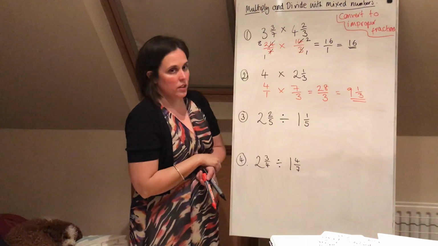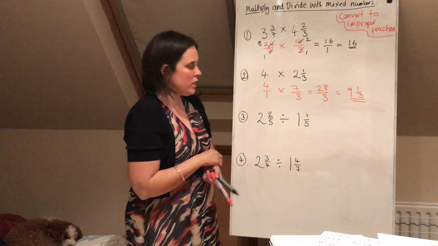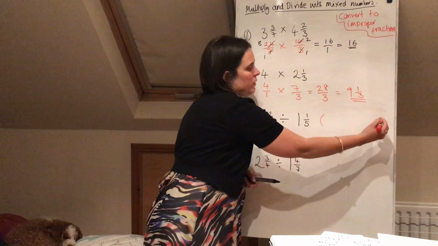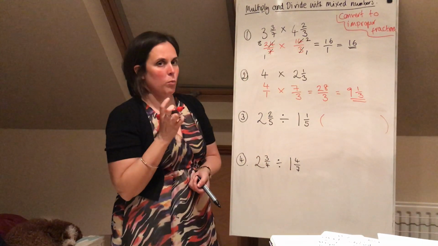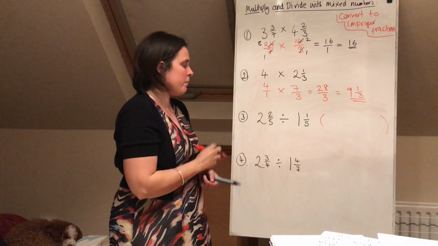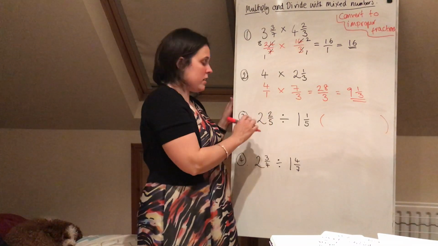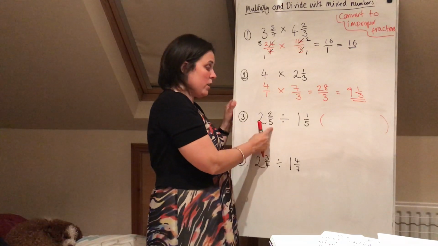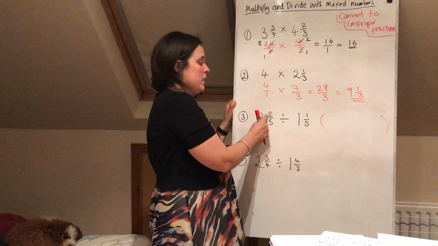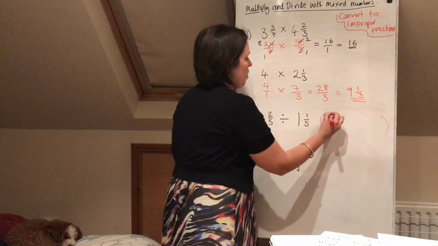Right, moving on to the division questions then. First of all, I'm going to write the sum to the side with improper fractions, and then we're going to remember what we do when we're dividing. So 2 2/5: 2 whole ones have got 10 fifths in it, so you do 2 times 5 to give you the 10, plus the 2 here, so that's 12.